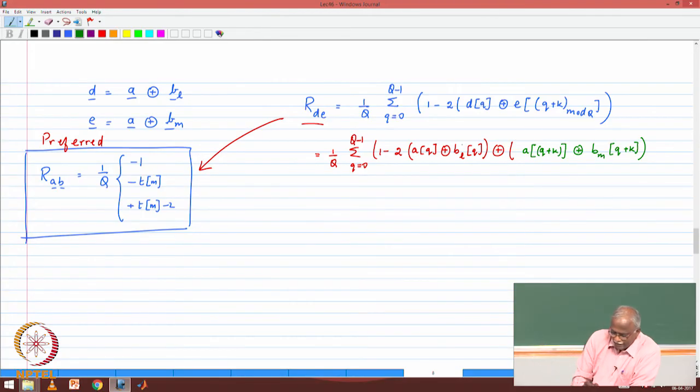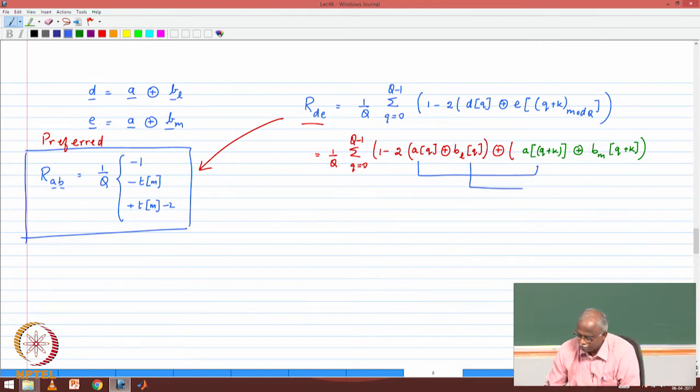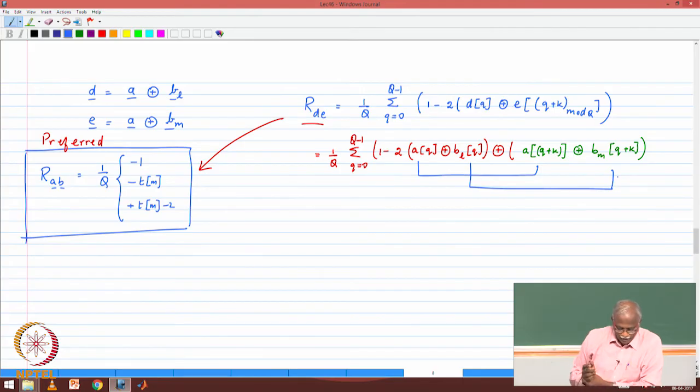The binary form can be related to the original sequences A and B in the following fashion. Now just one step: look at the combination of the two A terms, and the combination of the two B terms. What can you tell me when I add two M sequences? The shift property will give you a third sequence.